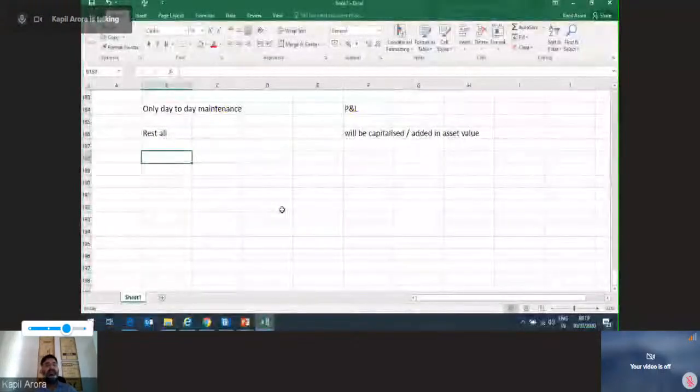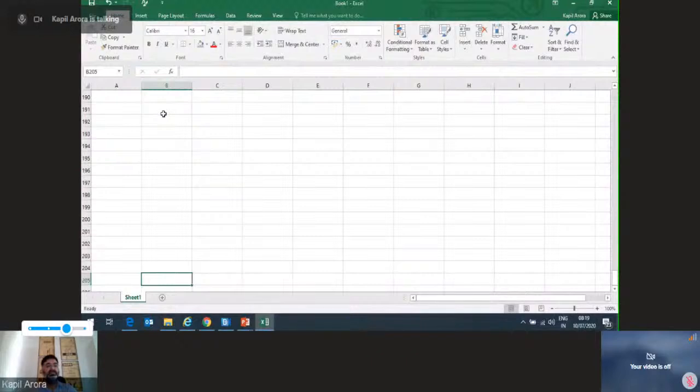Right? For example, any item of less than 5,000, right? Any item of less than 5,000 which the company has purchased, it may have a life of more than 2 years, 3 years.